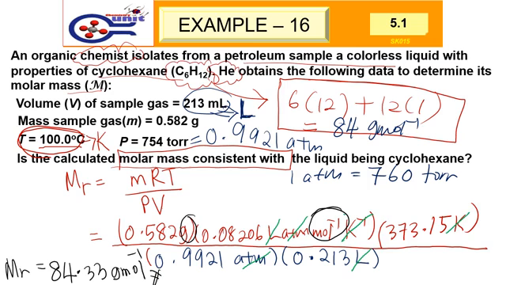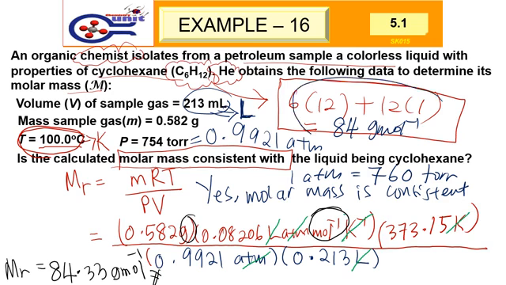So buat conclusion kat sini, tulis conclusion awak. Yes, molar mass is consistent. Kenapa consistent? Sebab molar mass calculated by using the chemical formula 6 darab 12 tambah 12 darab 1 dapat 84 gram per mole, sama dengan nilai molar mass calculated by using the ideal gas equation di bawah ni. Boleh? Alright?